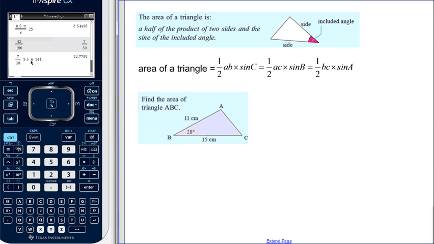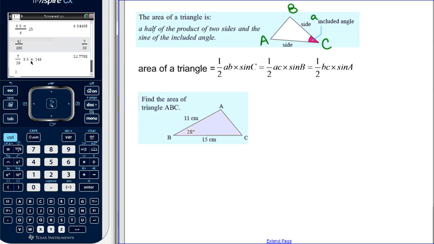We can use the sides A and B, we can use the sides A and C, or we can use the sides B and C. But what's important is that the angle that we're using has to be in between those two sides. So by the way, if this is angle C, this is angle A, this is angle B, the little side A is going to be straight across from that.